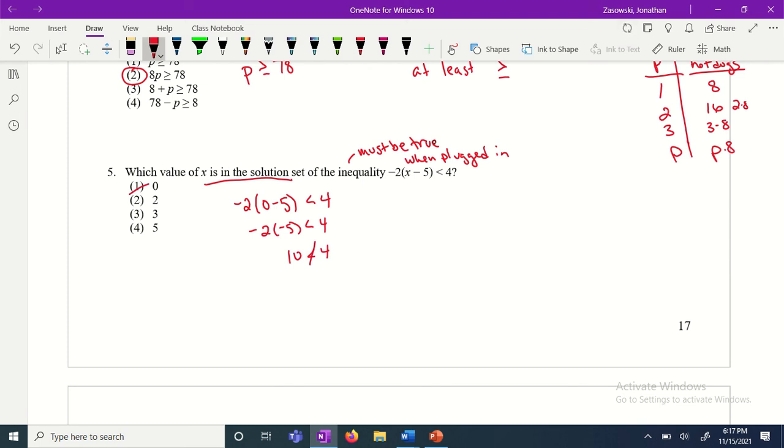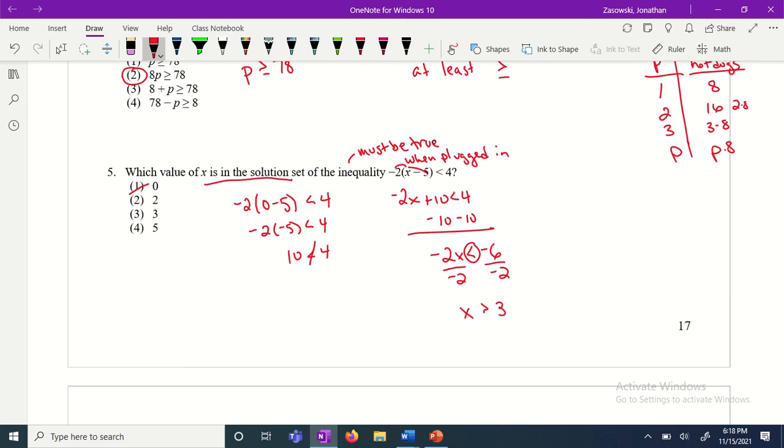So you could always plug in to get your answer. But if we know how to solve, we distribute. -2x plus 10 is less than 4. If we subtract 10, we get -2x is less than -6. And then we divide by -2. We're going to get x is greater than, and we're going to flip the inequality because we divide by a negative.